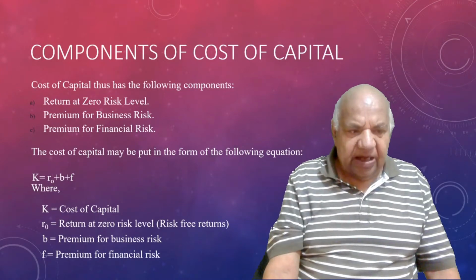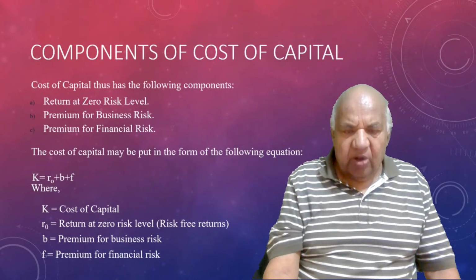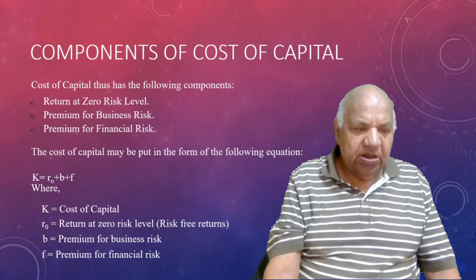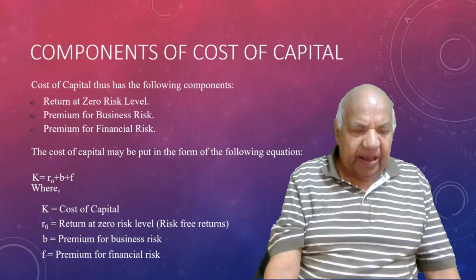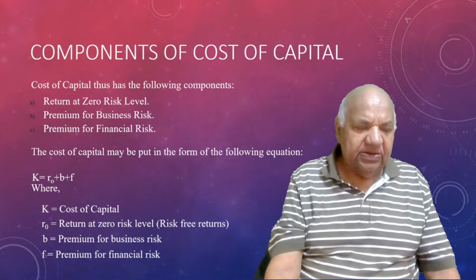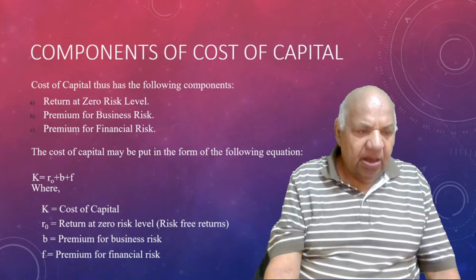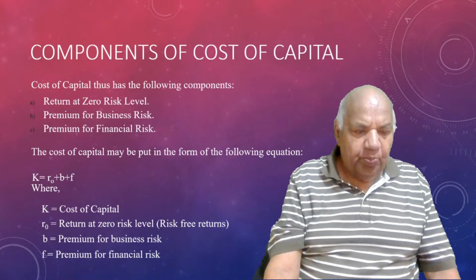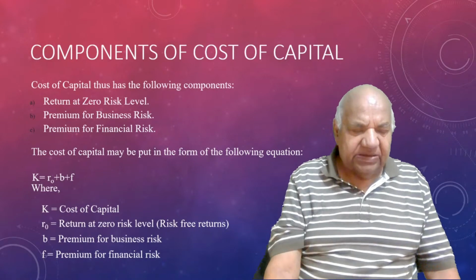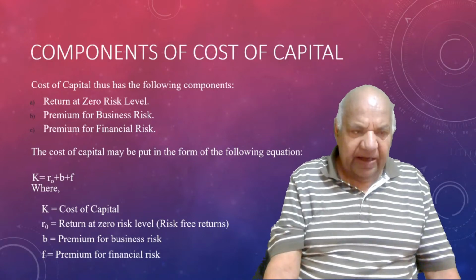The cost of capital may be put in the form of an equation, the summation of return at zero risk level, premium for business risk, and premium for financial risk. Formula: cost of capital equals R0, that is return at zero risk level, plus B, premium for business risk, plus F, premium for financial risk.